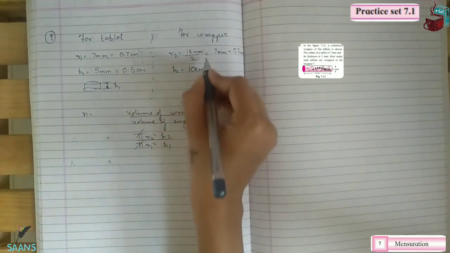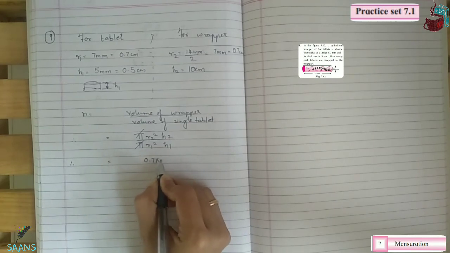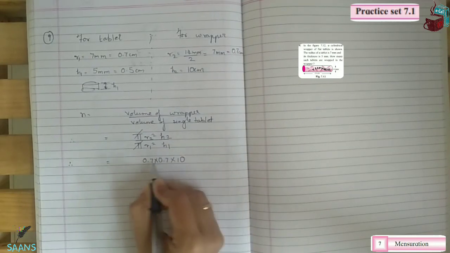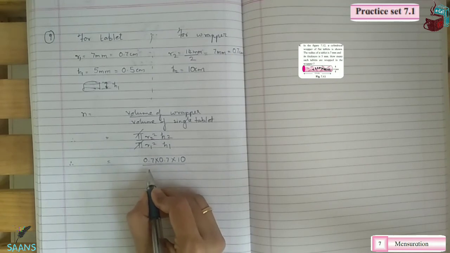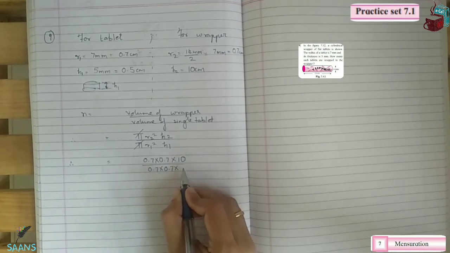R2 is nothing but here R2 is 0.7 into 0.7 into 10 upon, we have over here R is nothing but 0.7 into 0.7 into we have 5.